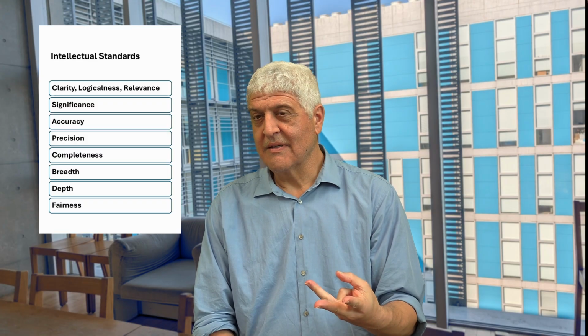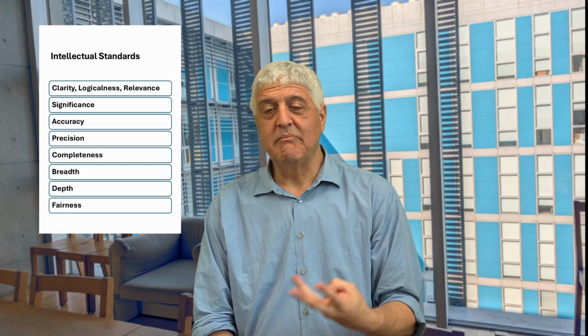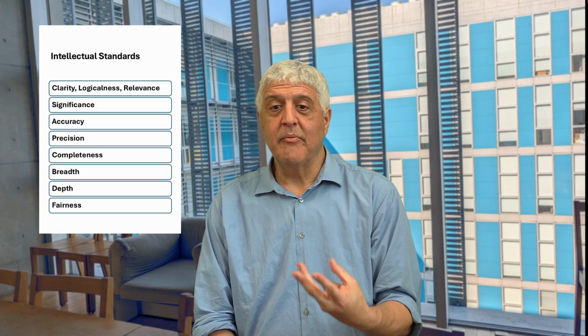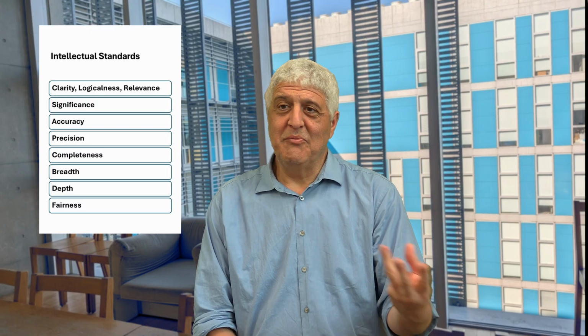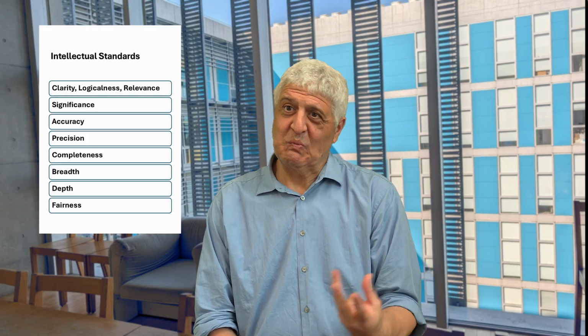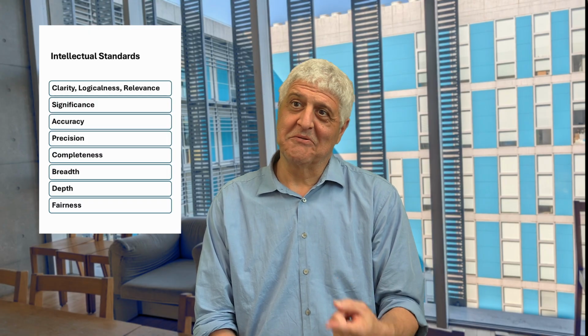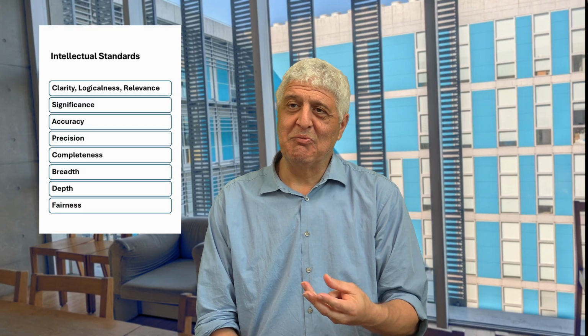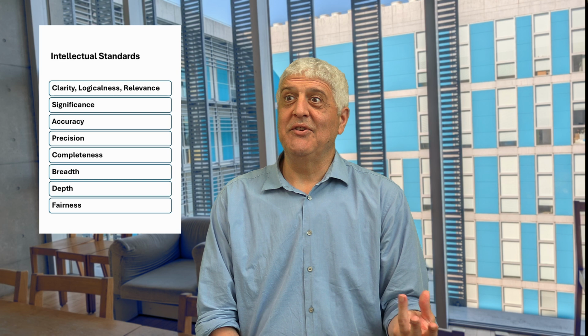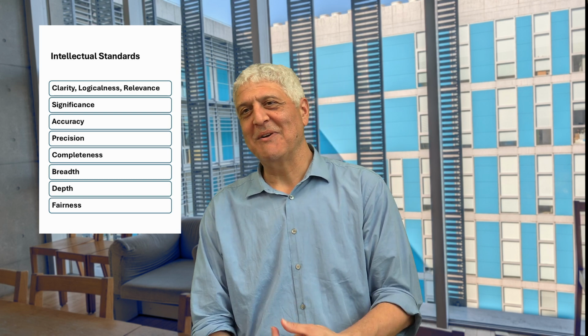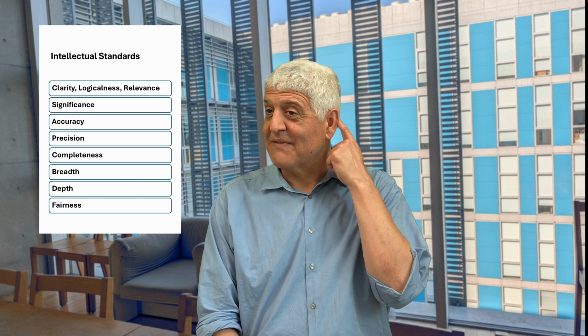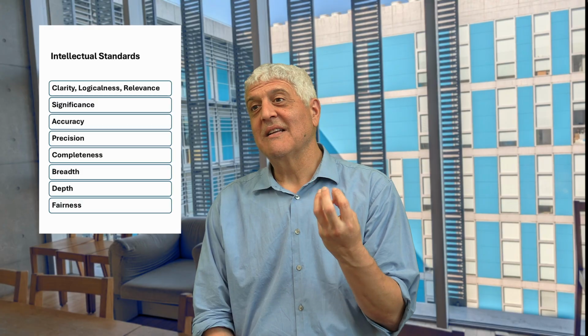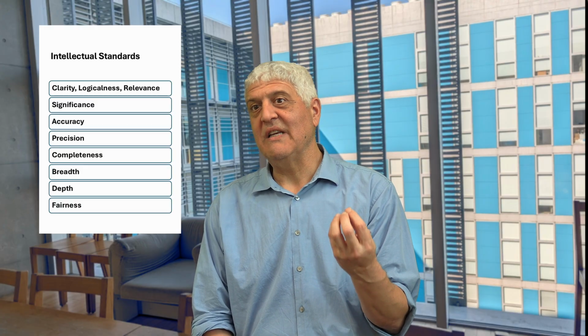If you make a statement, at a minimum, for communicating to others, the statement should be clear, relevant, and logical. Now, you might say, well, how do you determine if it's logical? How do you determine if it's clear? But at least you have these basic beginnings to start to evaluate.